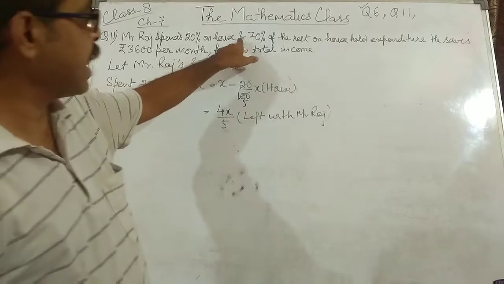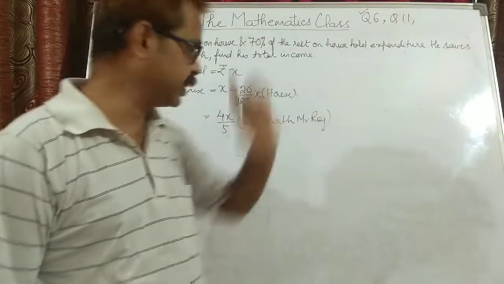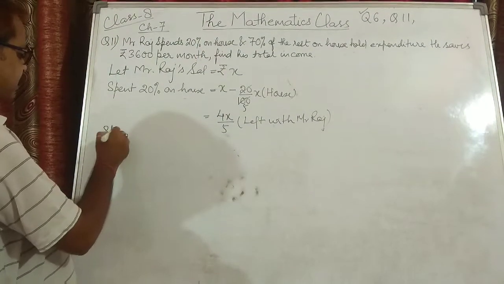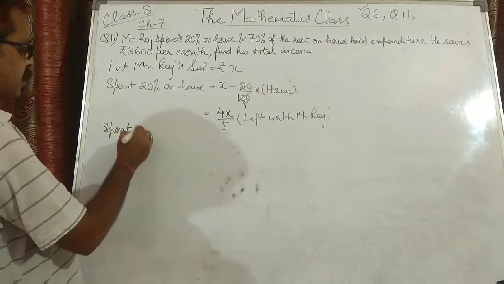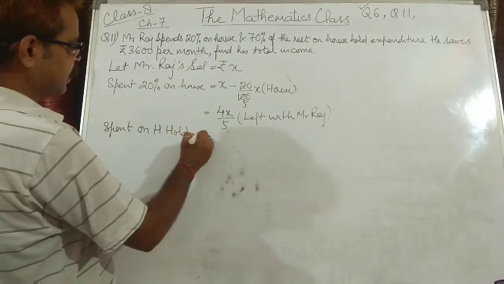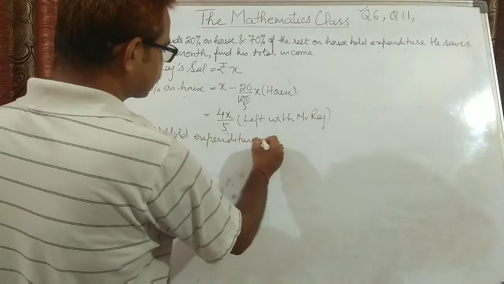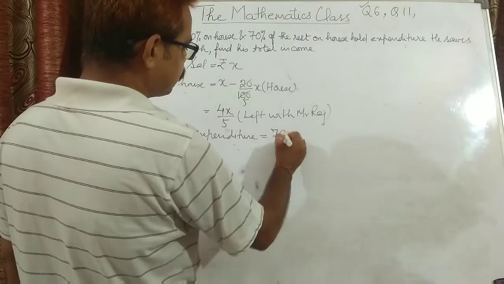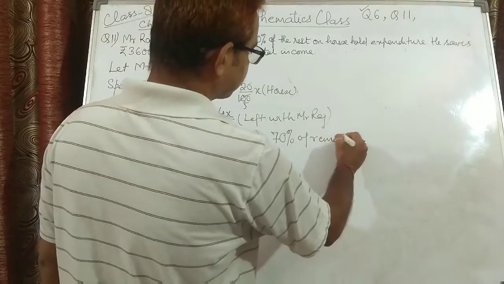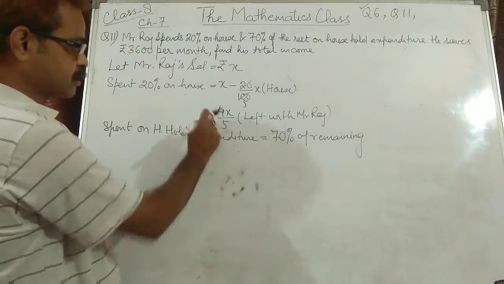Now they say 70% of the rest on household expenditure. So the amount spent on household expenditure is 70% of the remaining, and what is remaining is 4x upon 5.